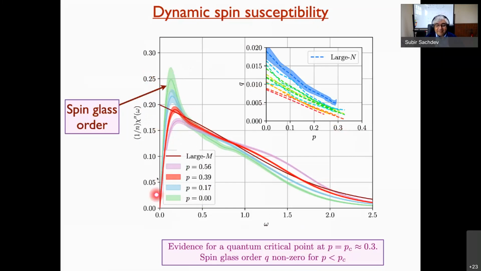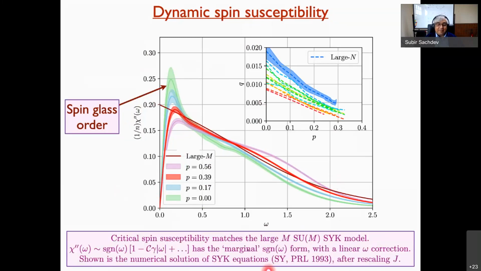And remarkably, that observation in the actual t-J model at the critical point between the spin glass phase and the Fermi liquid is almost exactly the same as what you observe in the SYK model. The actual model has chi of omega as 1 minus a constant times mod omega, and that's not too far from what you see right near the critical point. When you go above the critical point, then it has a Fermi liquid form, which would be a linear function of omega.